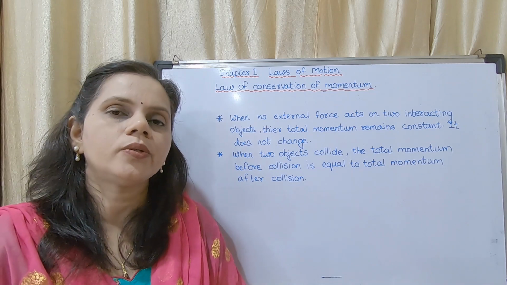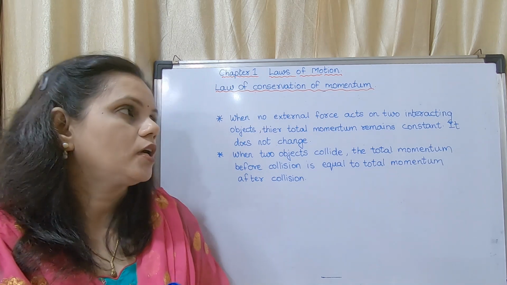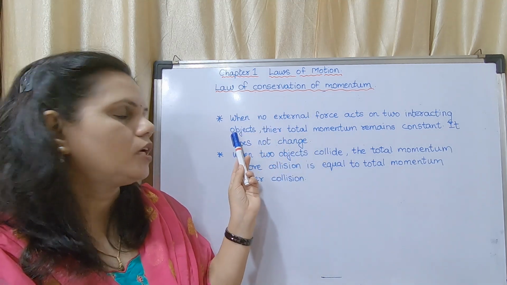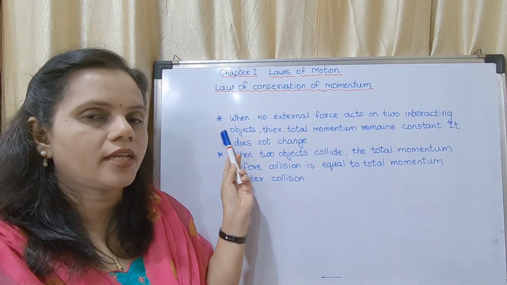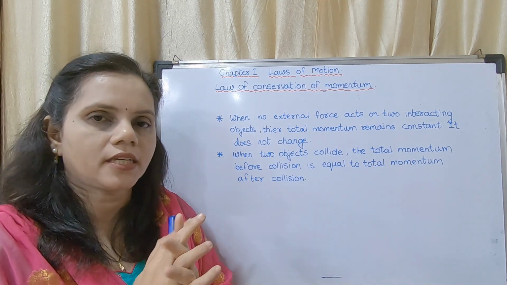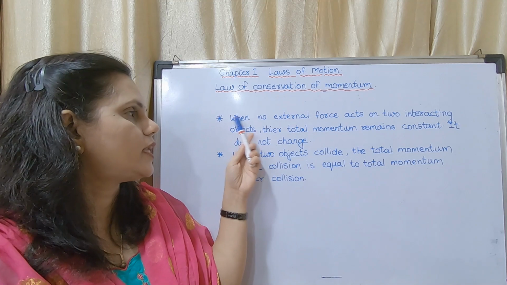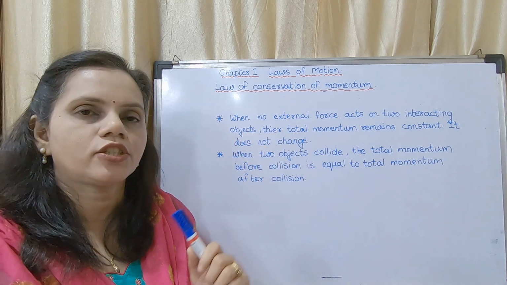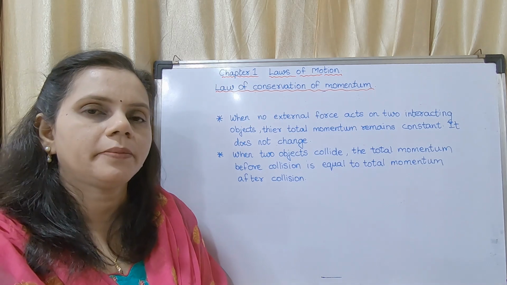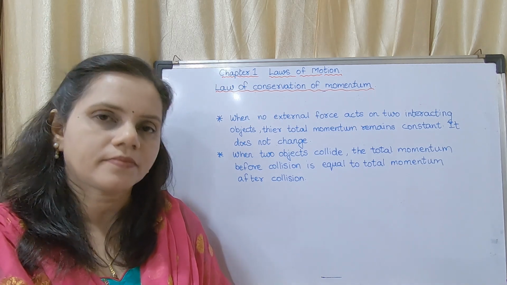Now there are two statements given in the textbook. The first one is when no external force acts on two interacting objects. There are two interacting objects, there is no other force acting on it. So when no external force acts on two interacting objects, their total momentum remains constant.